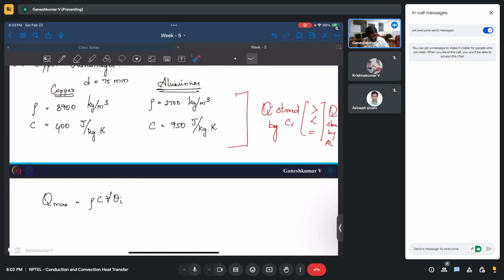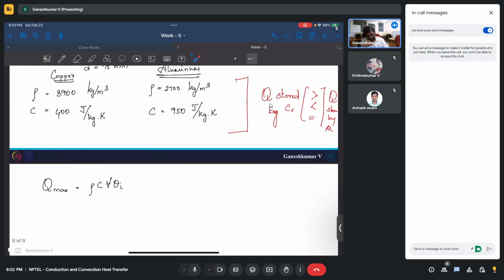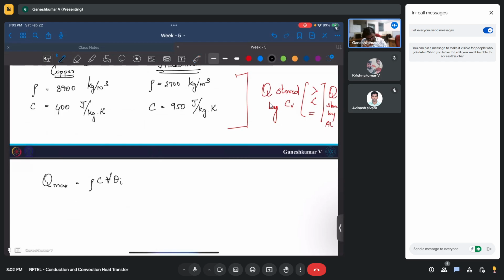If you want to study the effect on Q max, the combined effect of rho C should be used. So for example, let me write it down. The rho C of copper is going to be 8900 times 400.